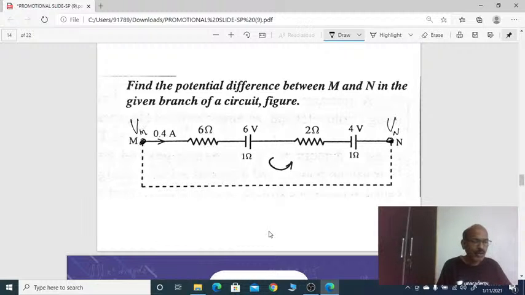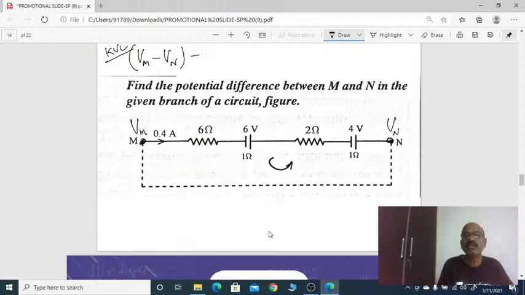So now in the clockwise direction, apply Kirchhoff's second law, the Kirchhoff voltage law. The potential difference between M and N is Vm minus Vn.